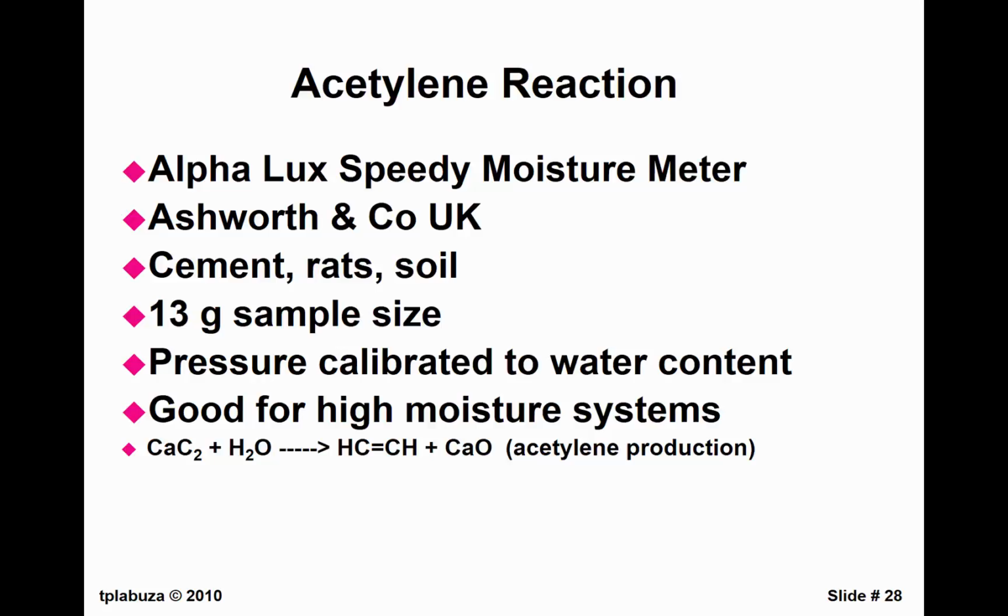The calcium carbide reacts with the water to produce acetylene. It produces a gas and raises the pressure, and so the meter, instead of measuring pressure, tells you how many grams of water are in the sample. So very good. The soil people use it a lot too.